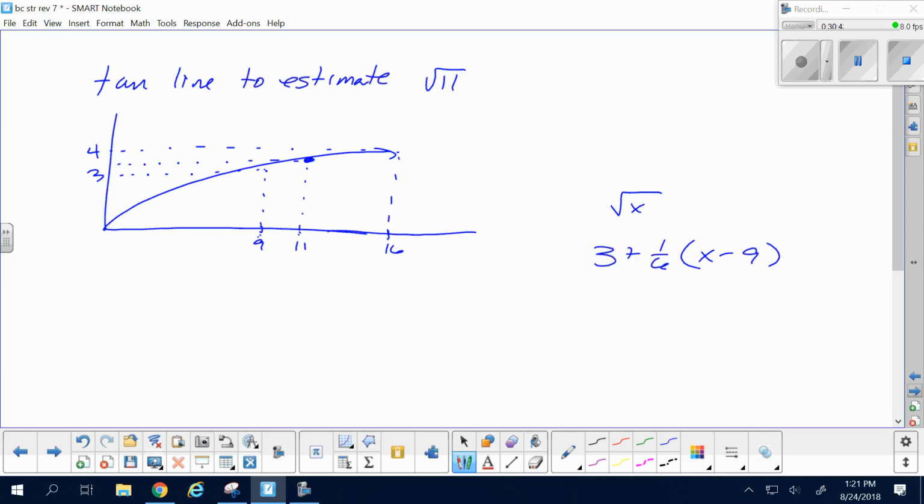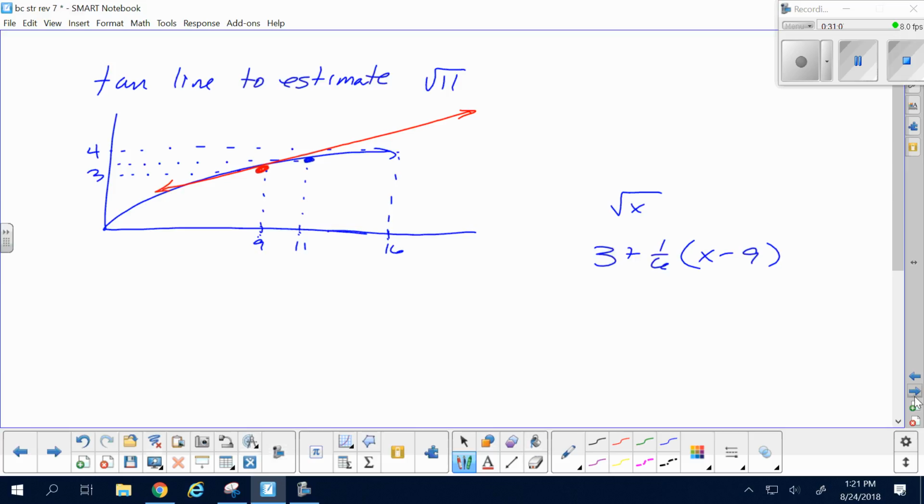But what? Well, the tangent line idea is to use calculus to make a linear equation at 9, because 9's a nice point on the curve to work with, the one for which I know the y value. That's step 1, find the tangent.